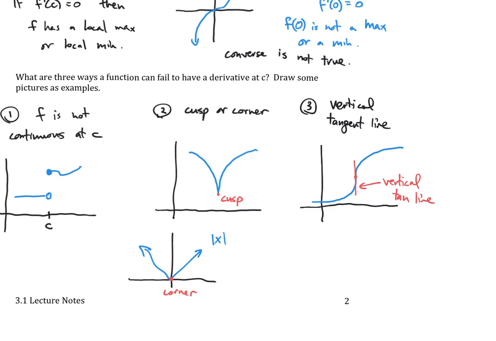So this usually manifests when our derivative has a 0 in the denominator and usually something non-zero in the numerator. All right, so those are the 3 situations where our function will fail to be differentiable.